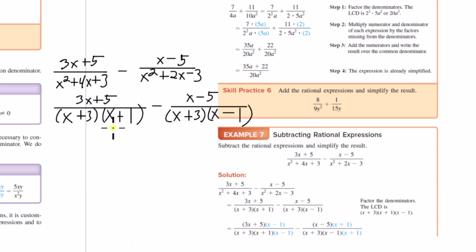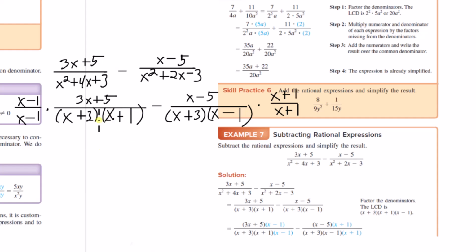Okay, so we can see the common denominator is going to be x plus 3 times x plus 1 times x minus 1. So let's multiply this by x minus 1 over x minus 1, and this by x plus 1 over x plus 1.